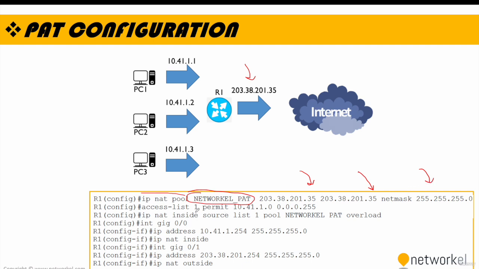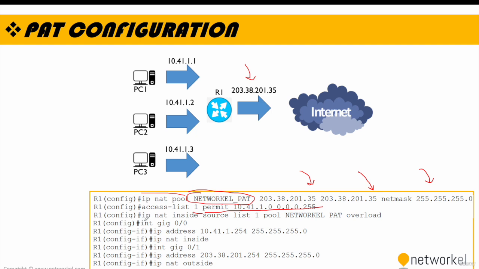Then again I'm defining an access list 1 permit 10.41.1.0 with 0.0.0.255 wildcard mask, that is to match all of my PCs in my internal network, that will match all IP addresses starting with 10.41.1.